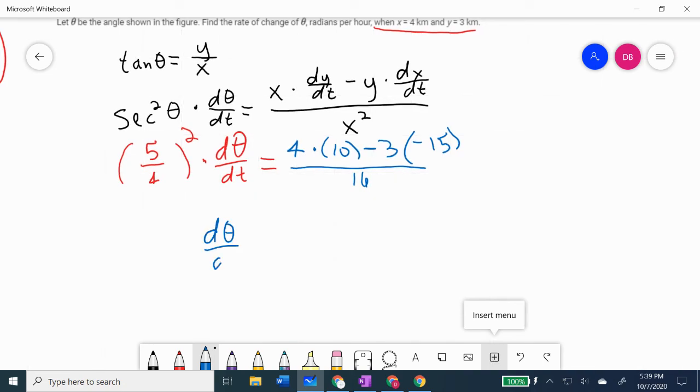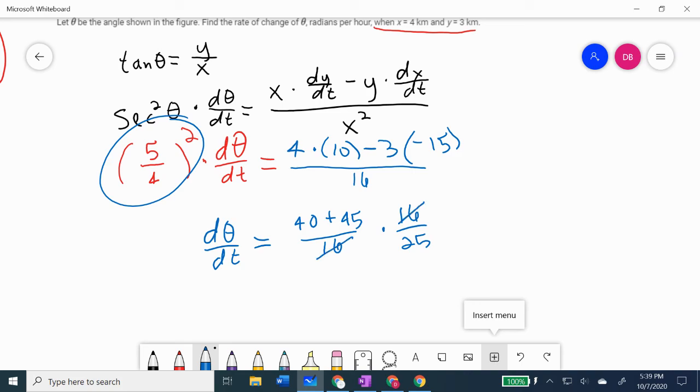So d theta/dt is equal to, I've got 40 plus 45 over 16, and then I'll be multiplying that by 16 over 25. So now it is 85 over 25, which is some number. That's not very helpful.